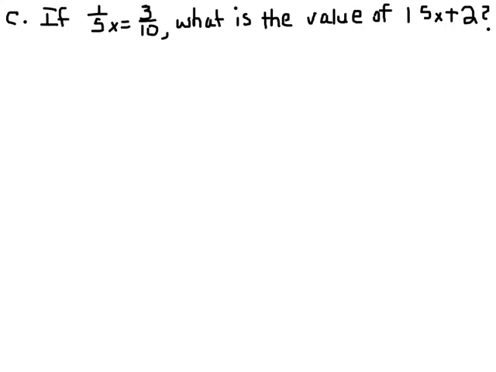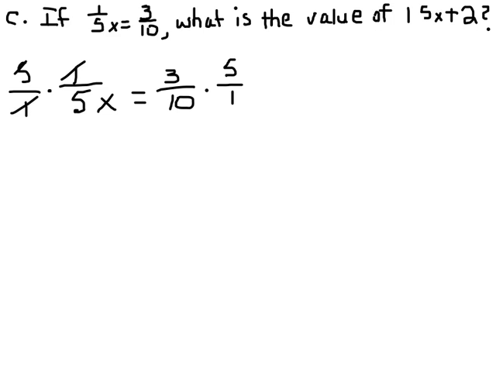Alright, final one. If 1/5 x equals 3/10, what's the value of 15x plus 2? Alright, well, 1/5 x equals 3/10. I've got to divide by 1/5, which means I multiply by 5 over 1.